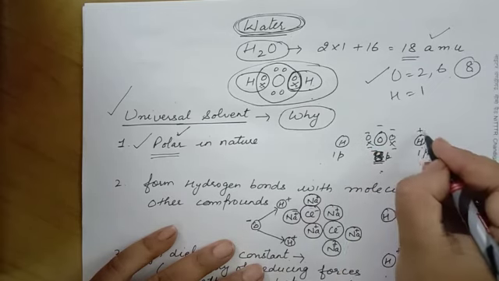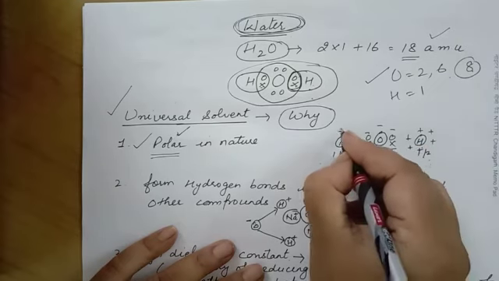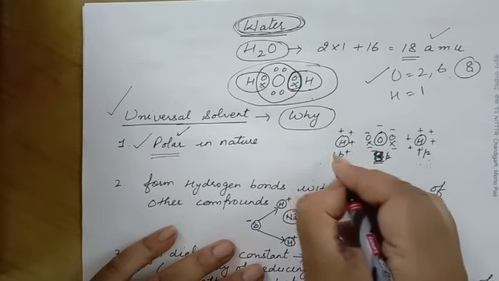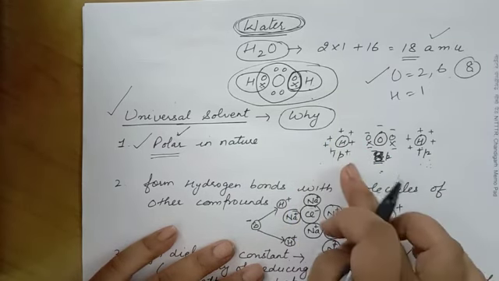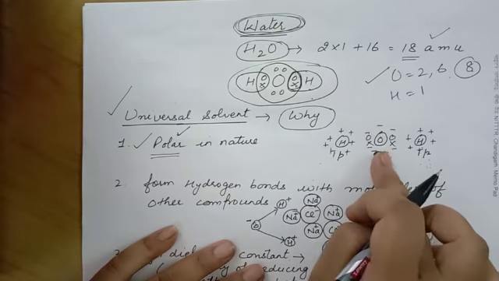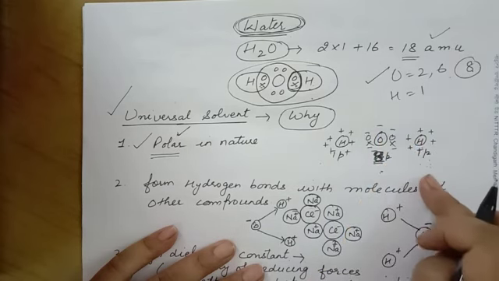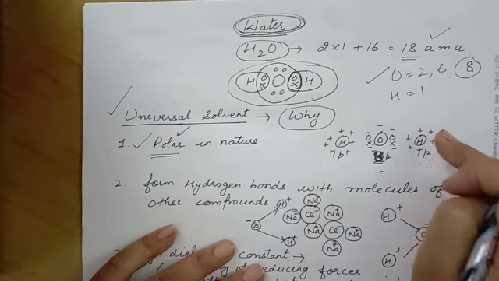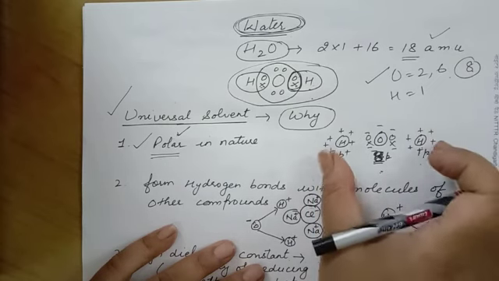So both the hydrogens develop a positive atmosphere around them. We can say positive pole. So water is known as dipolar in nature, where oxygen has some negative atmosphere and hydrogen has some positive atmosphere. Now what is the advantage of being polar in nature?